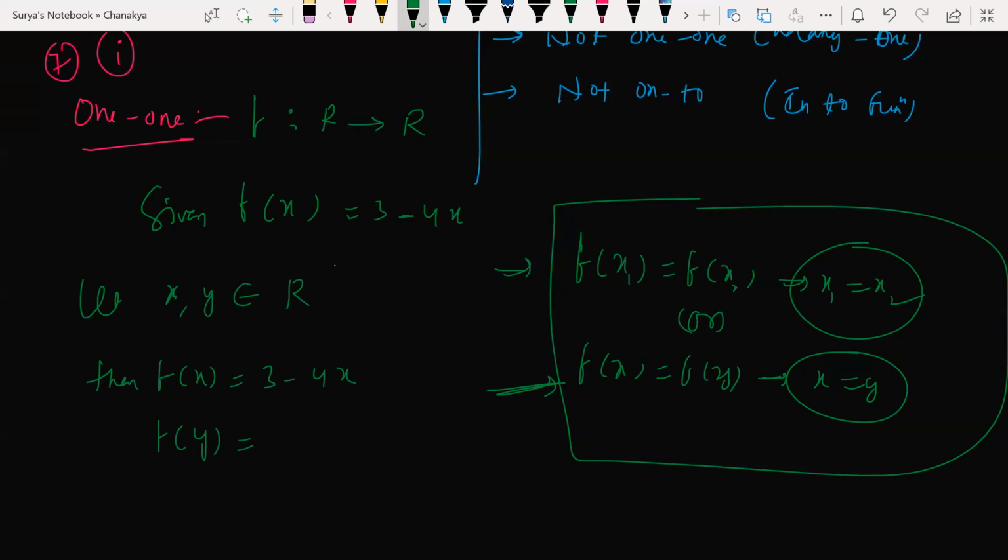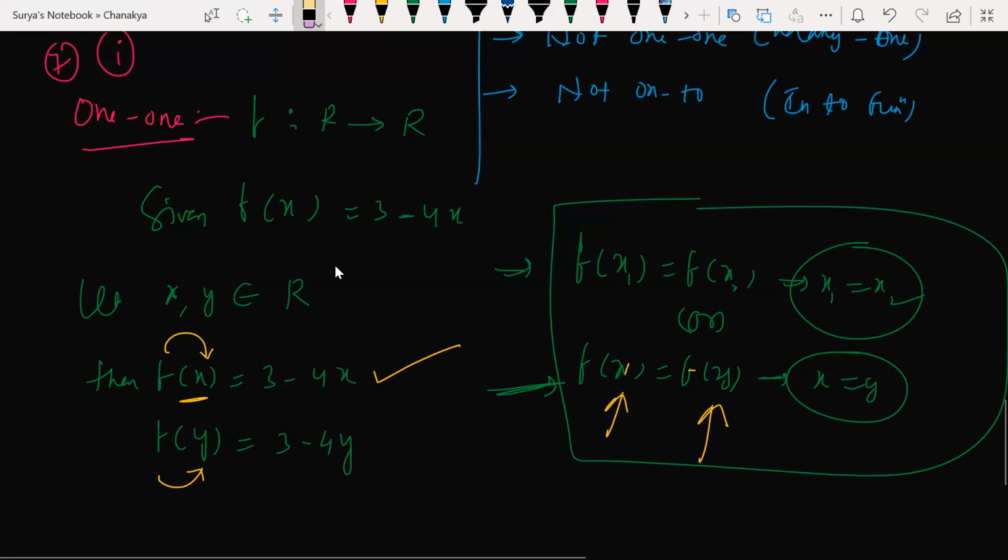I'm talking about f of x and f of y. f of x is nothing but this one. f of y is nothing but 3 minus 4y. I'm sure you might have learned in school: f of x is a function in terms of the variable x, and f of y is a function in the variable y, right? So that's what I'm just using here.